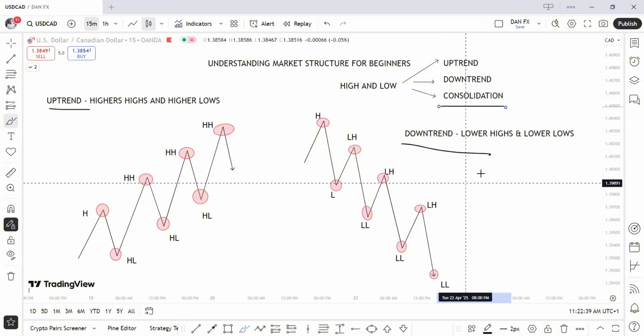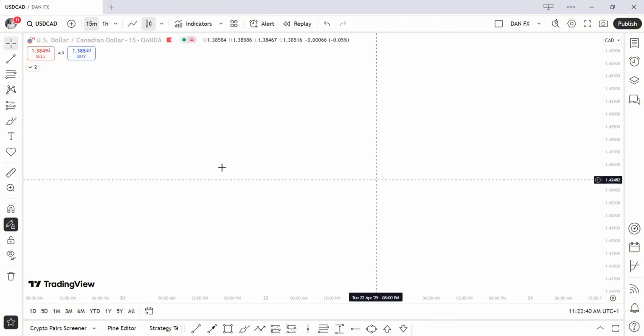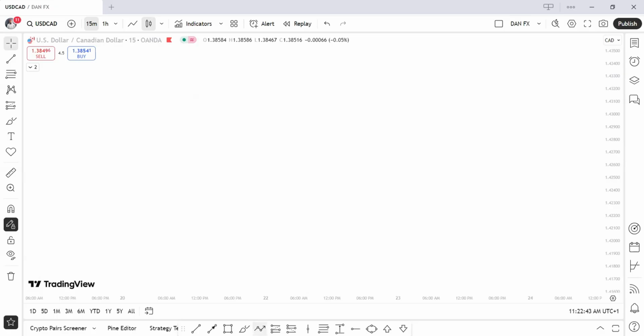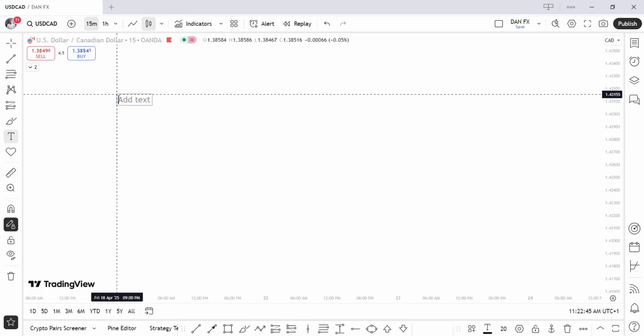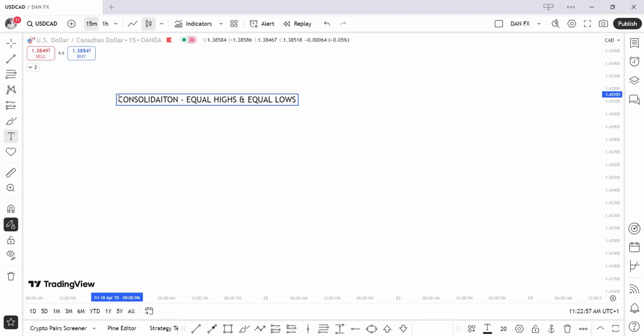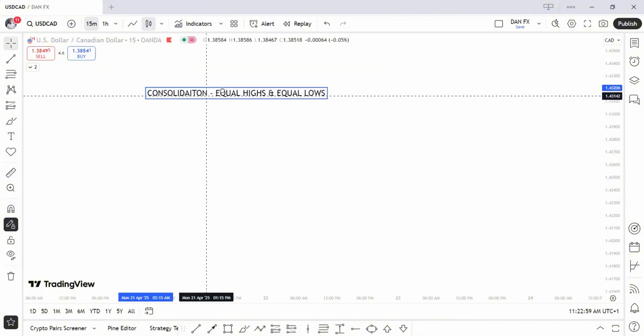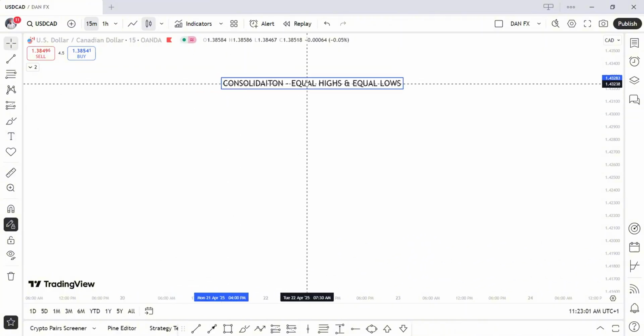Now, what does a consolidation look like? A consolidating market gives you equal highs and equal lows. So consolidation is going to comprise of equal highs and equal lows.